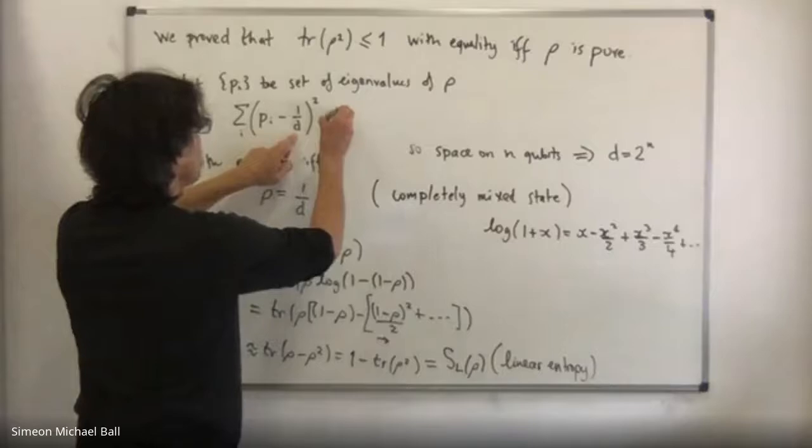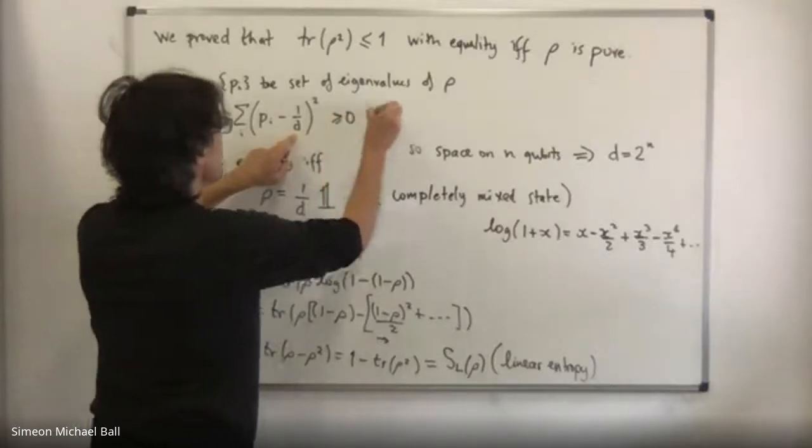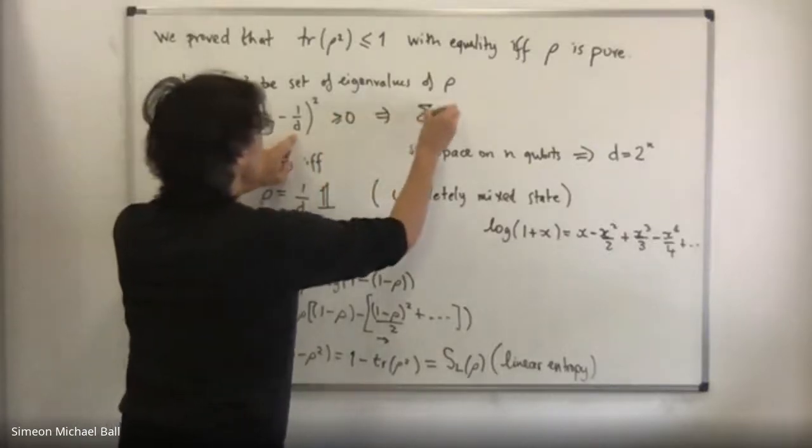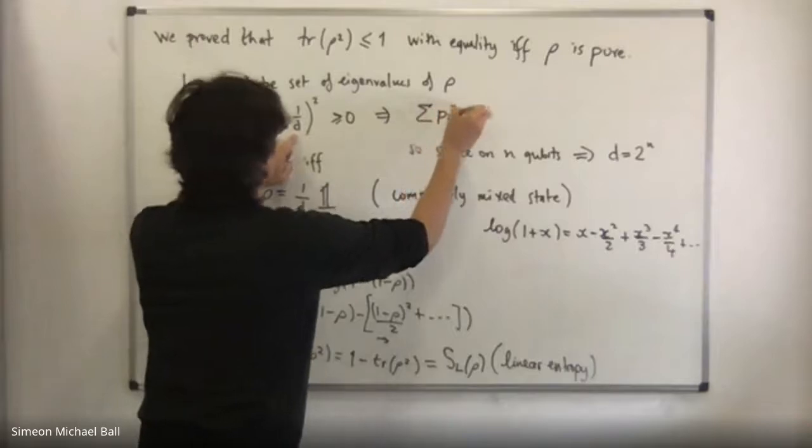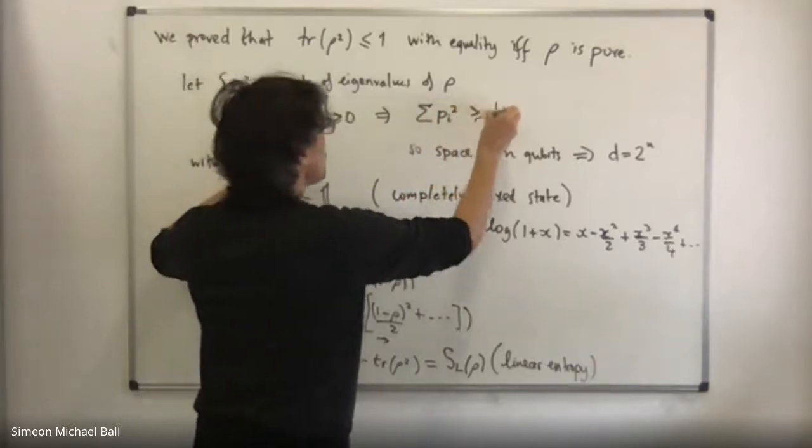And since this is clearly bigger than or equal to 0, this implies that the sum of p_i squared is bigger than or equal to 1 over d.